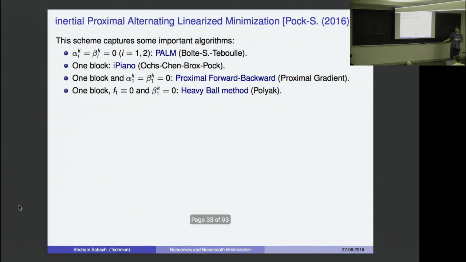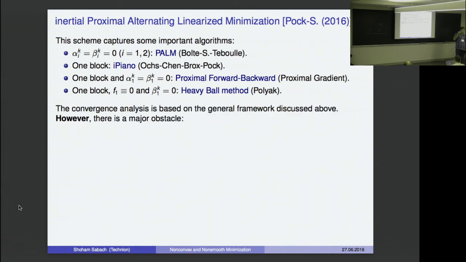And more than that, it also generalizes the heavy ball method of Polyak from 64, if again you take only one block, you take the non-smooth part to be 0, and you also take the parameter beta to be 0. So you see that a few methods can be seen as particular cases of iPALM.